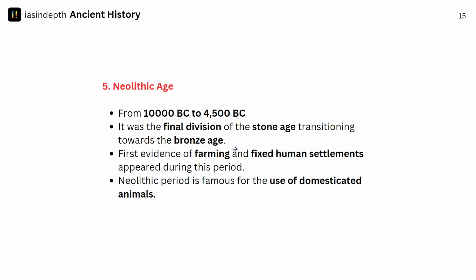You cannot unify it. There is no uniform aspect when it comes to the division of Stone Ages. In some places the place will be known for Stone Age. In other places at the same period of time there will be development in the tool making, the materials they are using. So in some places it will be Bronze Age. So it's a transition period from Stone Age to Bronze Age.